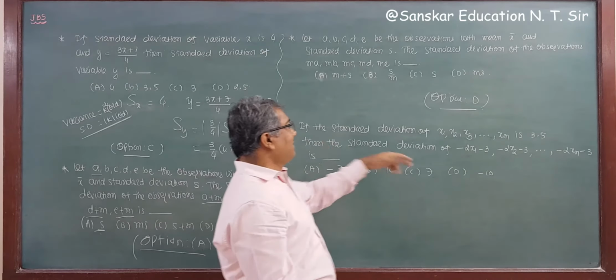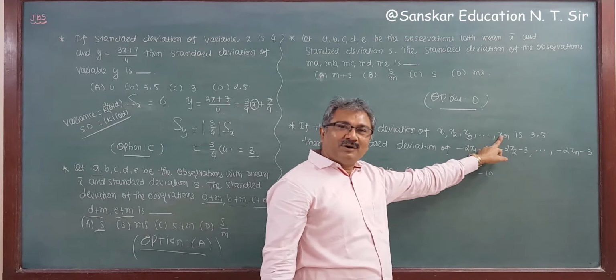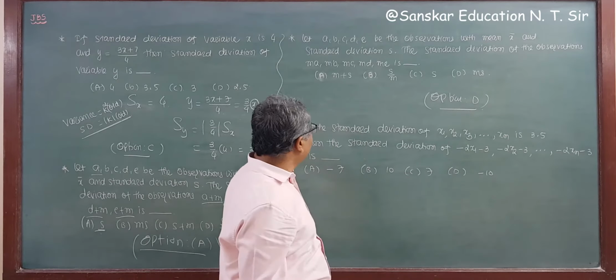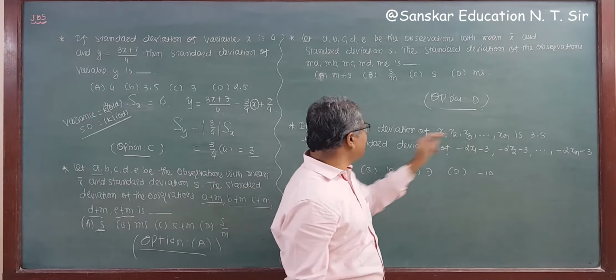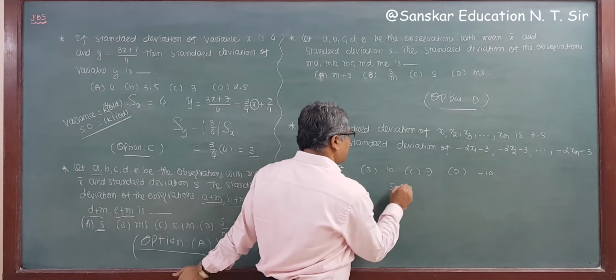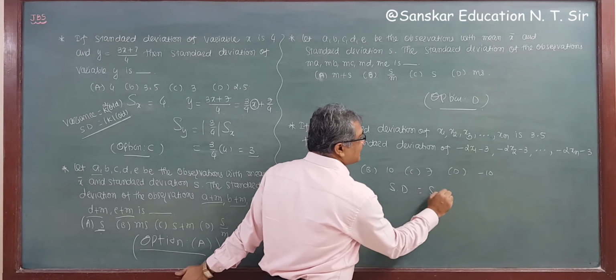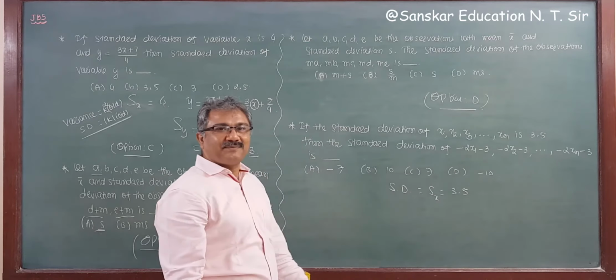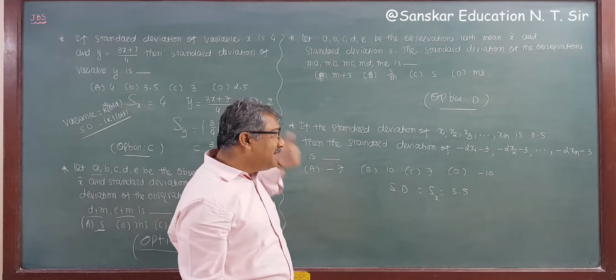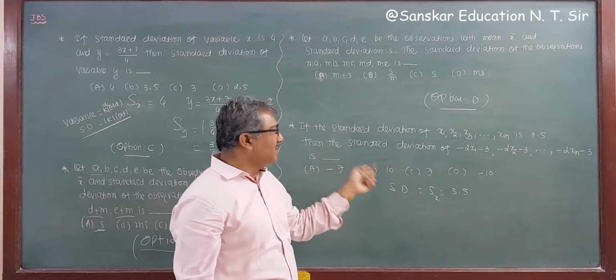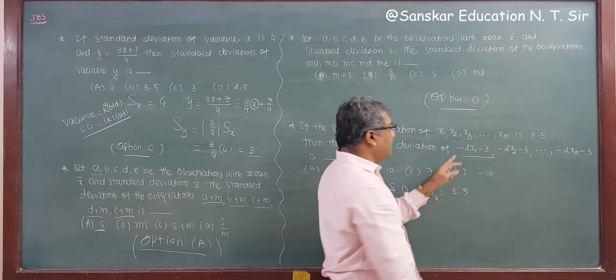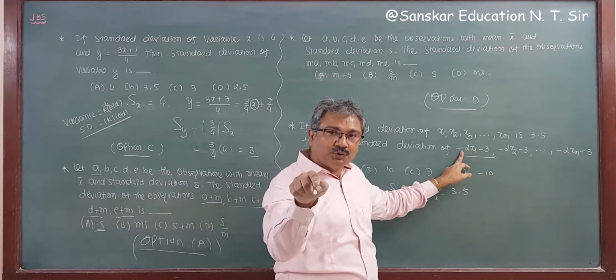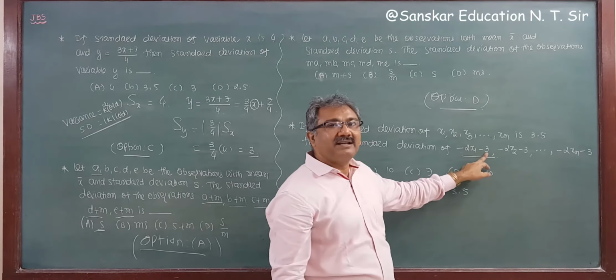Now see. These are all old observations and the standard deviation of these, that is SD, s of the old observations x, is given as 3.5. Now what did they do? Which operation did they perform? They are multiplying by -2 and subtracting 3.